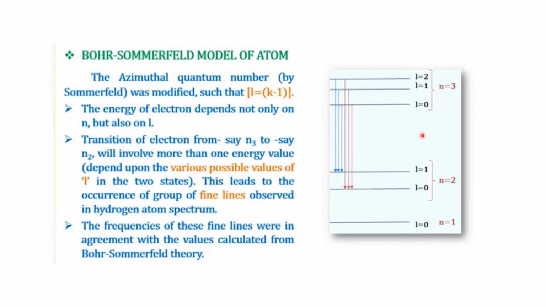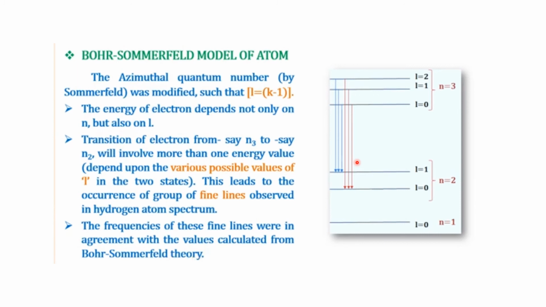For example, this is n is equal to 3, that is the third orbit. When an electron is jumping from the third orbit to the second orbit, the possible transitions are from L is equal to 2 to L is equal to 1, or L is equal to 1 to L is equal to 1 of the second orbit, or from L is equal to 0 to L is equal to 1.